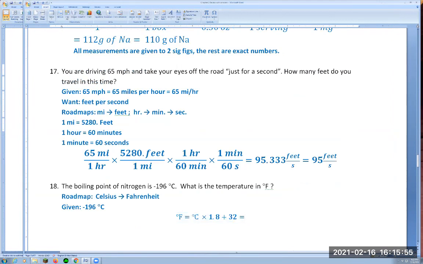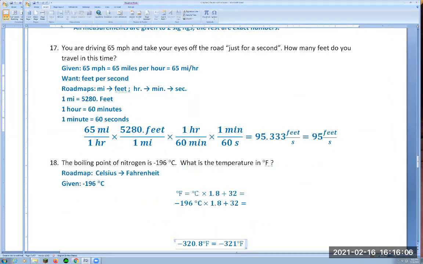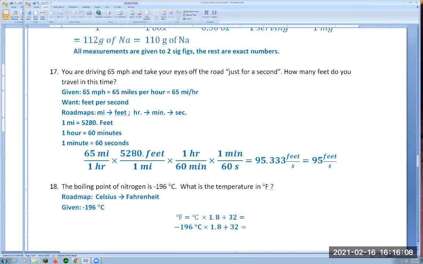Then you plug in the degrees Celsius, and it's a negative 196 degrees Celsius times 1.8 plus 32. So let's calculate that negative. The negative sign is important here. In the calculator, it's the negative sign between parentheses. So 196 times 1.8 plus 32.